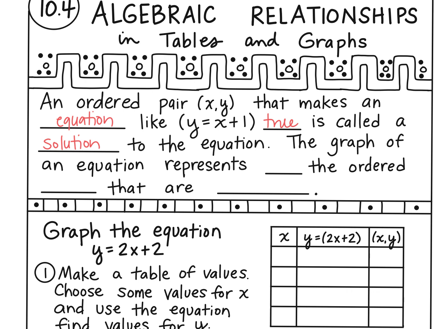So an ordered pair like XY, or maybe I actually want to plug in a value, maybe it's 1, 2. If that made an equation true, then we would call that a solution to the equation because it's true. It worked. It's an answer. It's a solution. The graph of an equation represents all of the ordered pairs that are solutions.